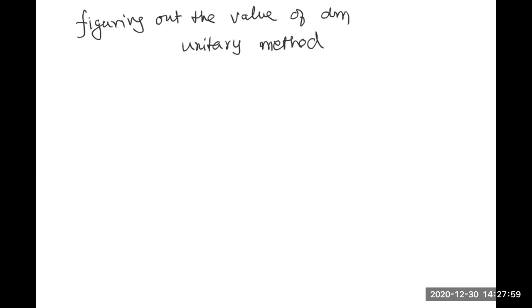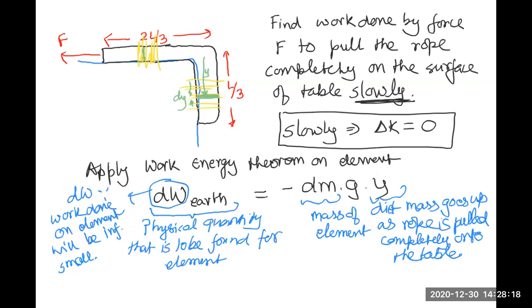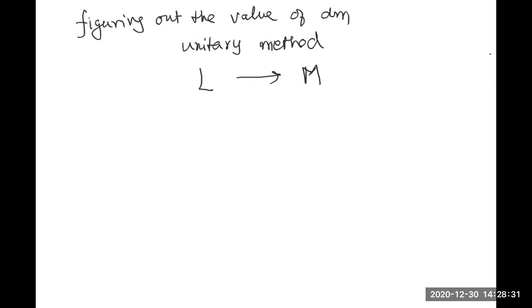What was it? If 5 men do a job in so many days, then in how many days will one man do the job? So length L of the rope contains mass M. This is given in the question: the rope has mass M and length L. So length L of the rope contains mass M. Therefore, unit length will contain M by L.